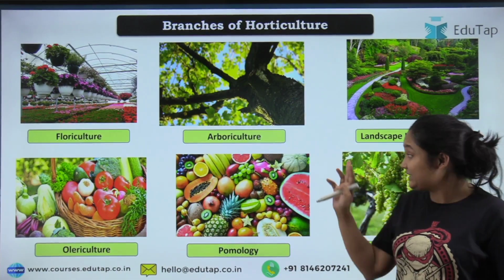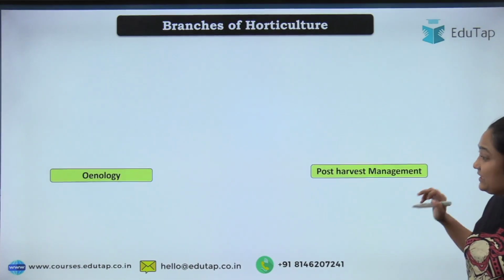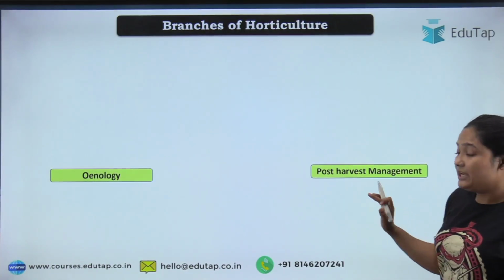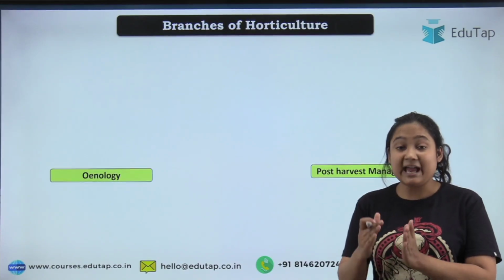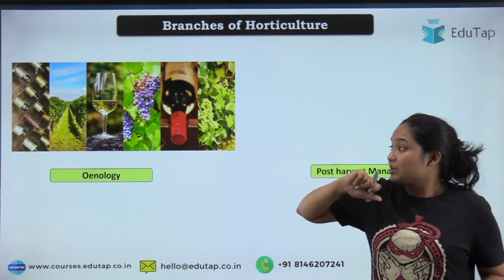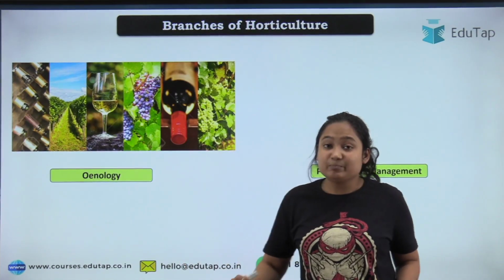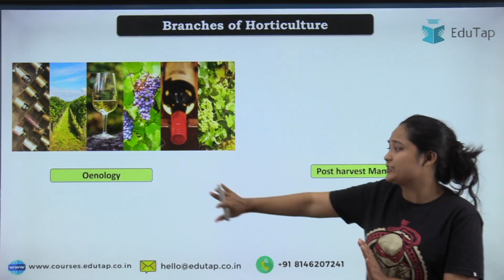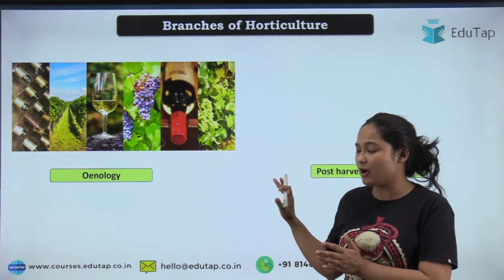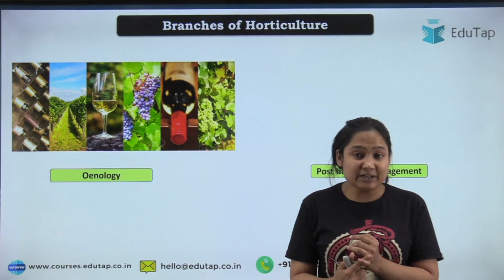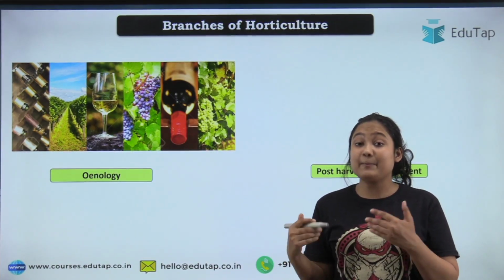Beside these 6, there are 2 more branches, and these are enology and post-harvest management. Now what is enology? Enology deals with any aspect of wine or wine making. Okay, so this comes under enology. Now talking about post-harvest management, see, all the crops that are under horticulture, whether it's fruits, vegetables, flowers, or ornamental plants, are very perishable.